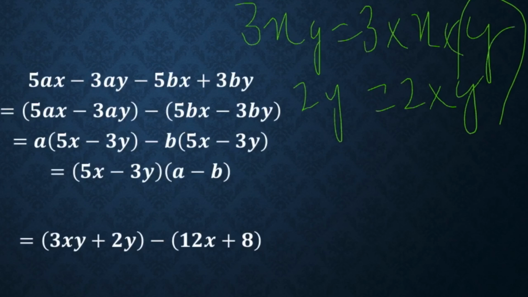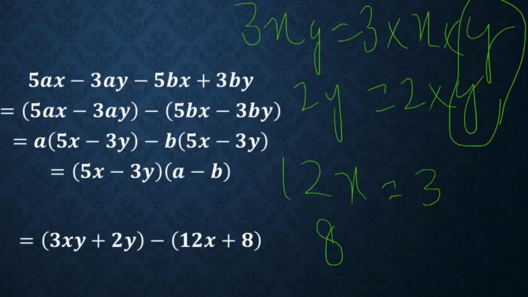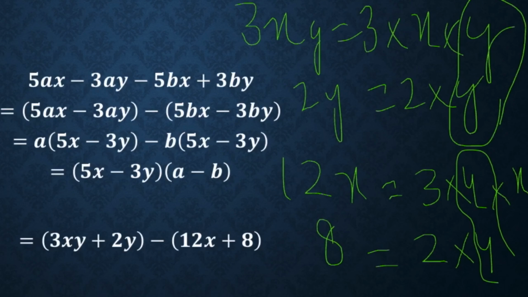Now what we can take common is y. Similarly, we will see what we can take common from 12x and 8. 12 can be written as 3 times 4 times x. Similarly, 8 can be written as 2 times 4. What we can take common from here is 4.